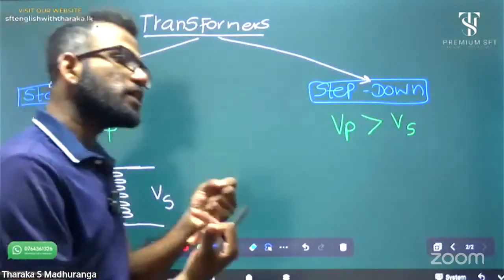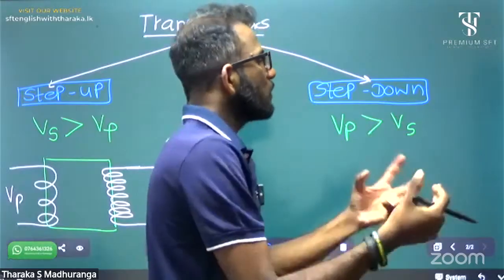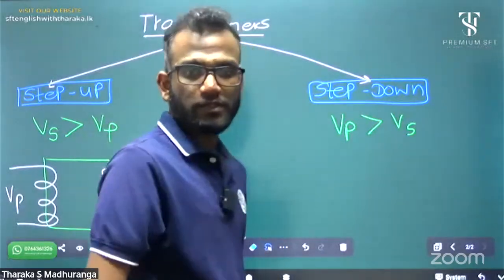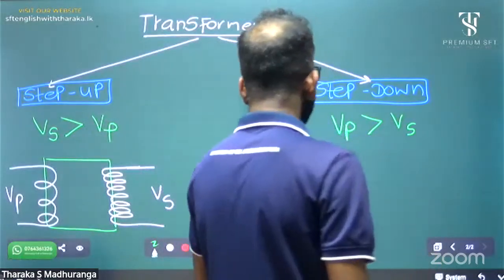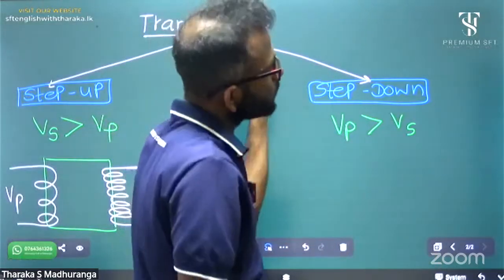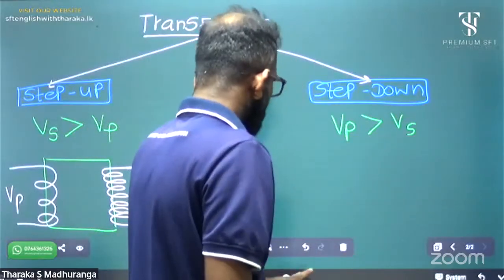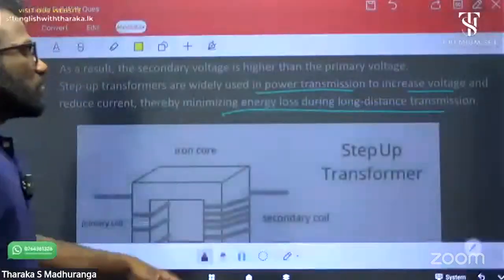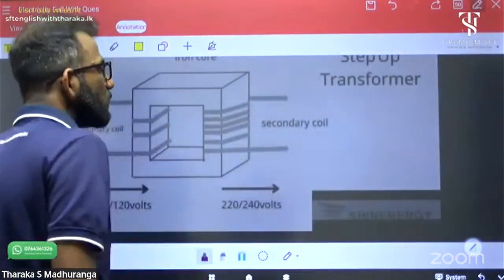Normally most of the transformers in your village are step down transformers. 33,000 volts is converted into 230 volts. That's the purpose. That's a step down transformer.